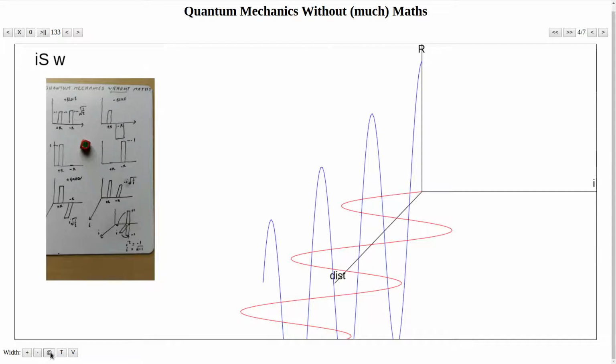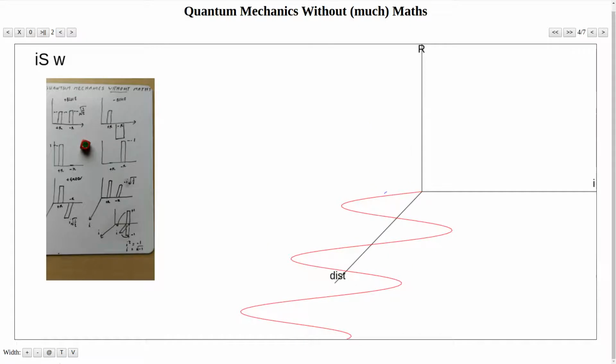Now we apply the slope operator to the red curve itself. Then we multiply it by I as well. It rotates back to the same position as the original blue curve.